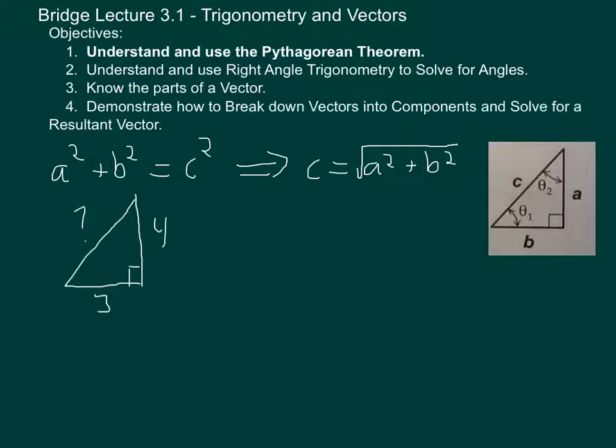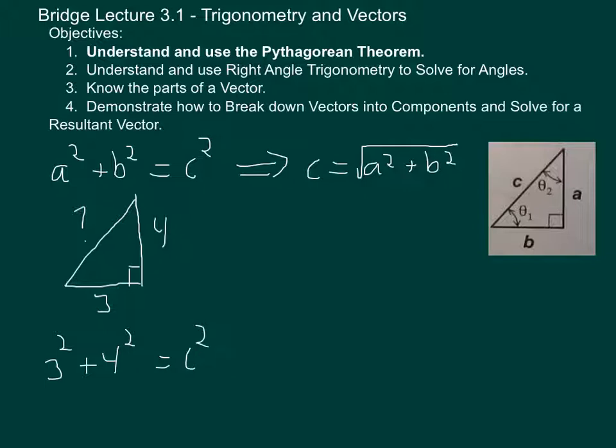Okay, so here we have a right triangle with the two sides closest to the right angle of 3 and 4. So let's write that as a squared plus b squared equals c squared. So 3 squared plus 4 squared equals c squared.